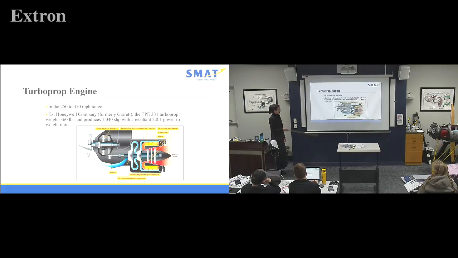The example, the TPE 331 weighs only 360 pounds, but produces 1,040 shaft horsepower for a 2.8 to 1 power to weight ratio. So light but powerful.